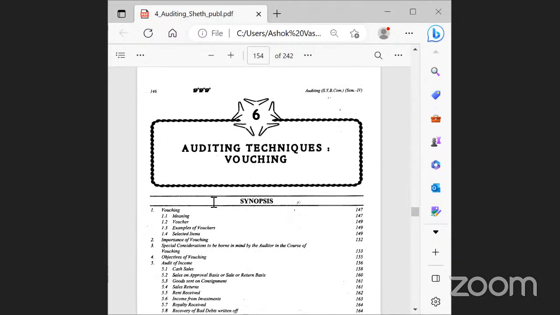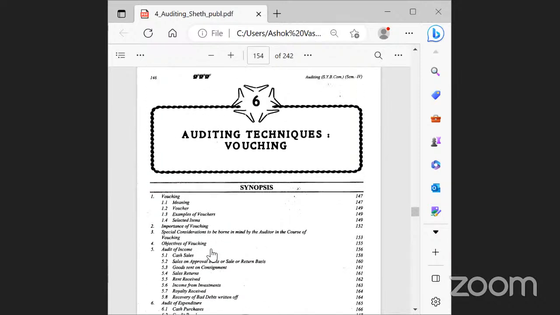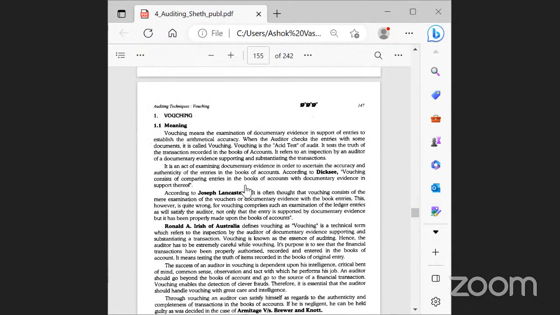Okay, now the last two chapters. Vouching. So vouching is nothing but checking the vouchers, okay, to authenticate the transactions in the books of account.